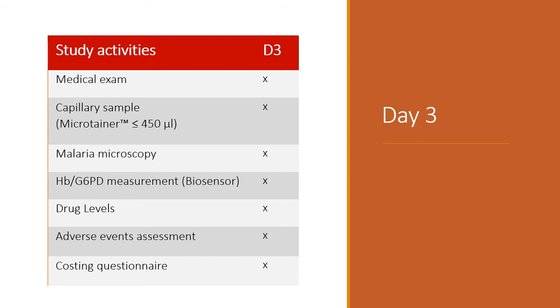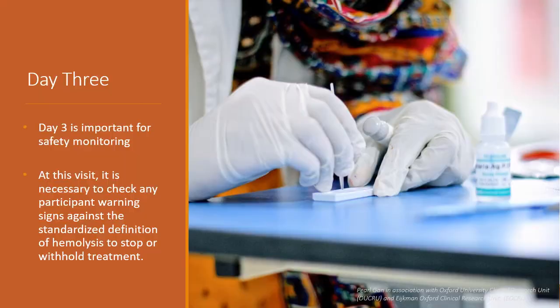And in the participants who are tolerating their medication, the study staff should remind the participant to complete the full course of their treatment. To reiterate, day 3 is important for safety monitoring. And at this visit, it is necessary to check any participant warning signs against the definition of hemolysis, which will stop or withhold treatment if necessary.